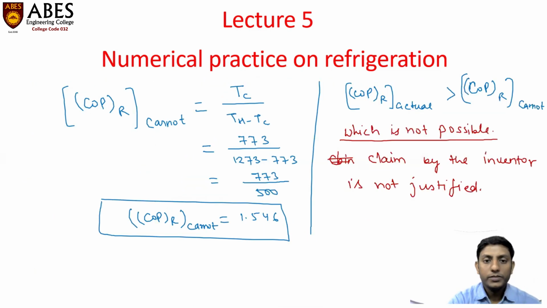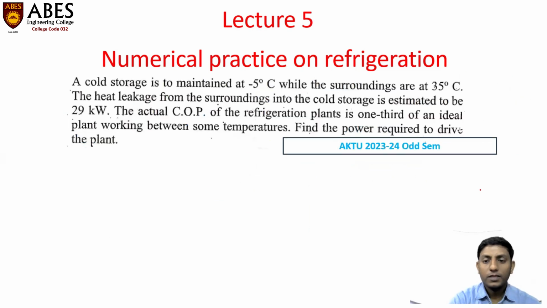I hope it was a pretty easy one. The next question, which we are going to talk about, is this one. This question is taken from, again, 23-24 end sem. The question says that a cold storage is to be maintained at -5 degrees Celsius, while the surroundings are at 35 degrees Celsius.